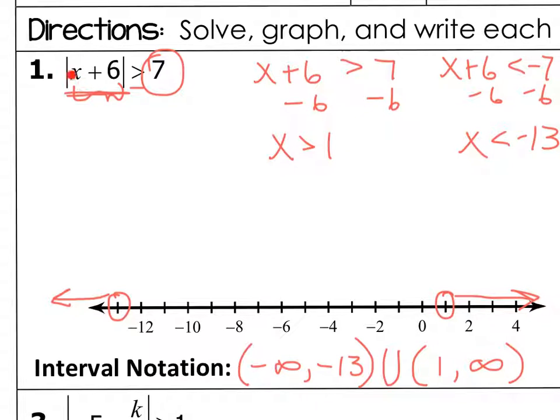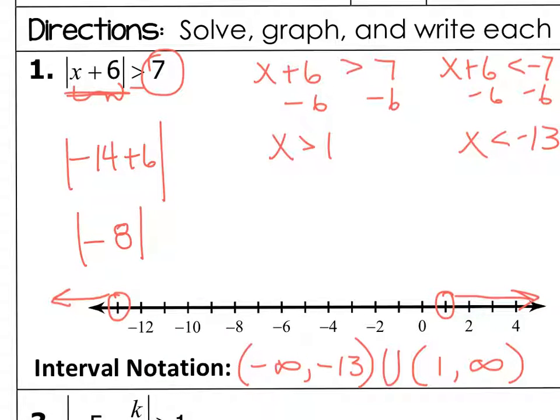So the value in here can be greater than 7, which is what we've said here, or that value in there would have to be less than negative 7. Let's just say x equals negative 14. So negative 14 plus 6 gives us negative 8, the absolute value of negative 8.